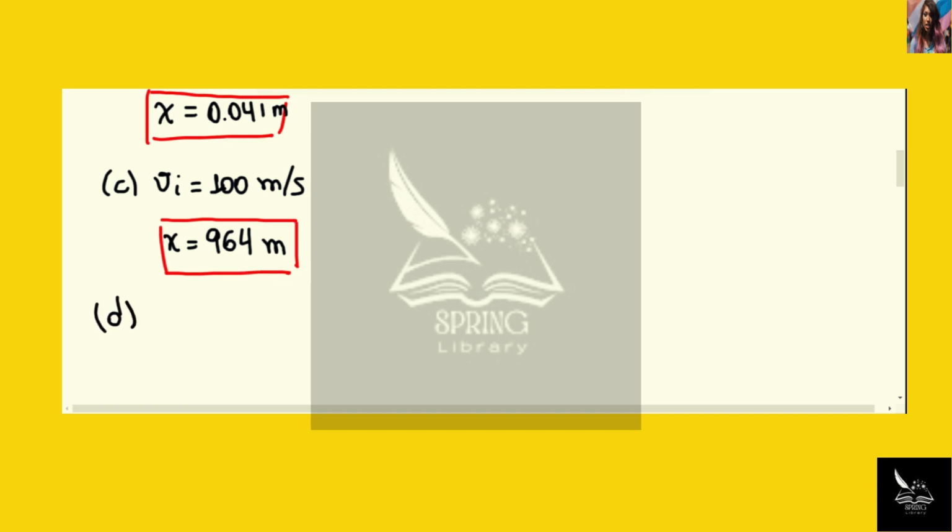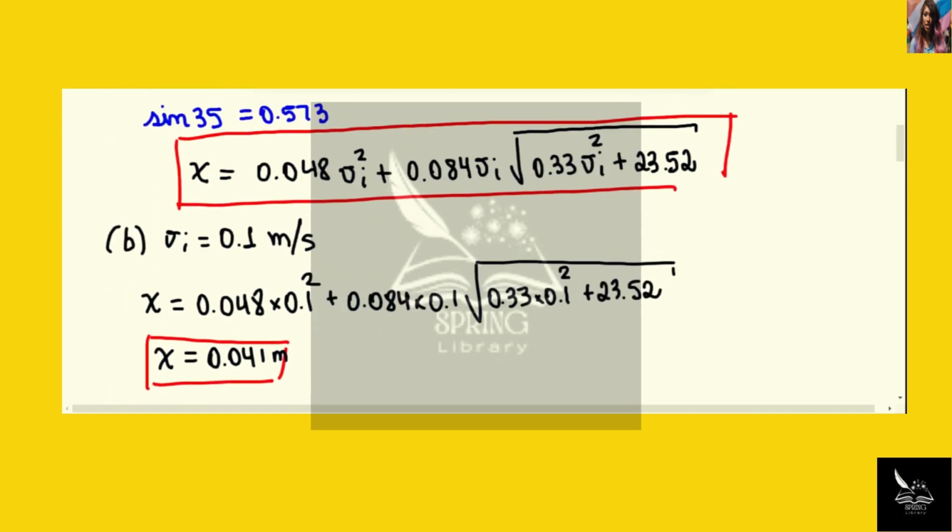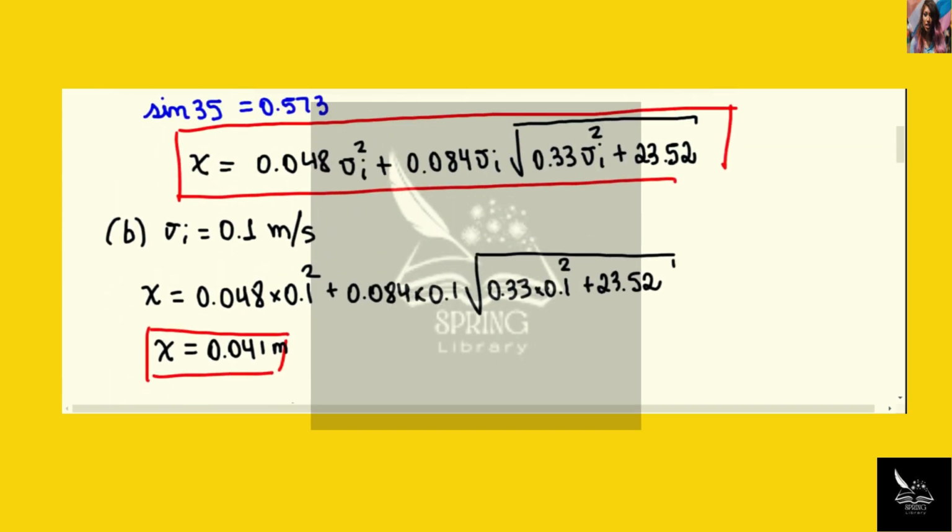In question D, we have to assume that vi is very small, but it's not exactly 0, but it's close. So it's very much smaller than 1. And we have to show that the equation that we found in question A simplifies. So again, I'm going to rewrite the equation from question A down here.